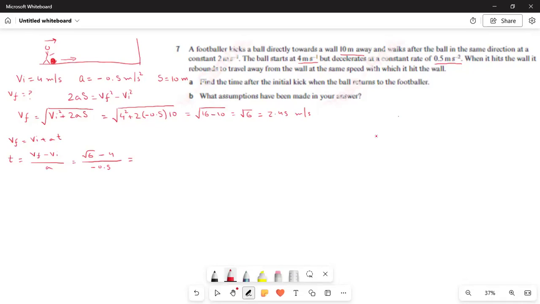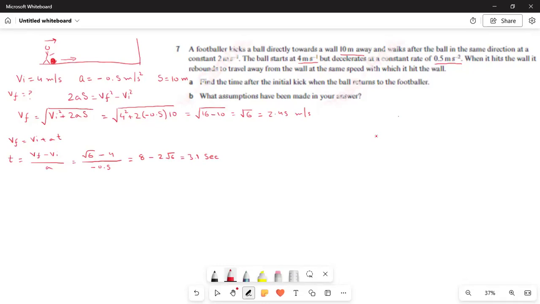So this will simplify to 8 minus 2 root 6, which is 3.1 second. Okay, so it takes 3.1 second for the football to reach the wall.